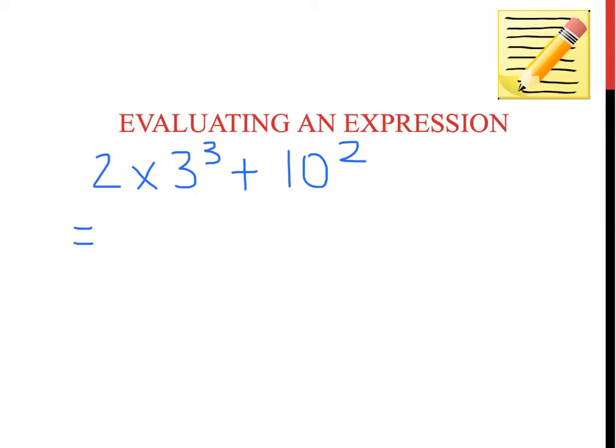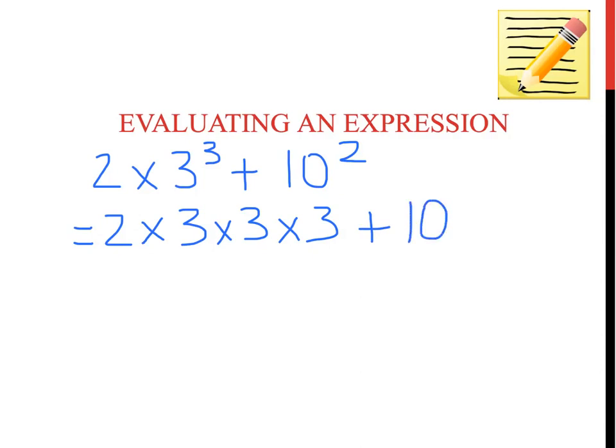So as always, we're putting an equal sign and we're writing out everything here. So we're expanding 3 cubed, 3 times 3 times 3, and then we're also expanding 10 squared, so that means 10 times 10. Then we need to multiply them together. We're not using the addition yet because that is the last thing we will do.